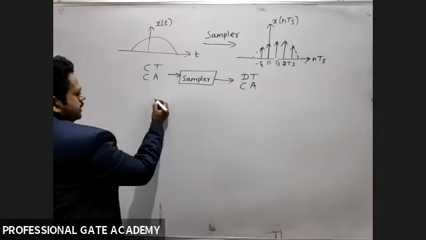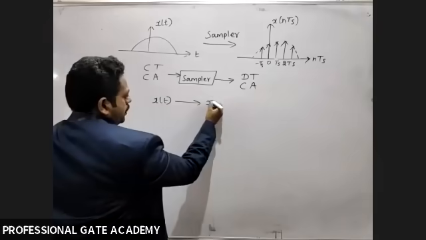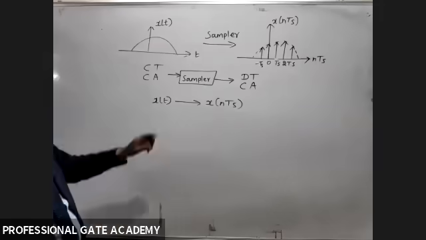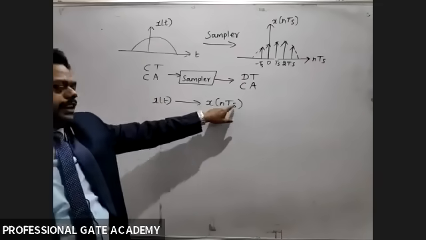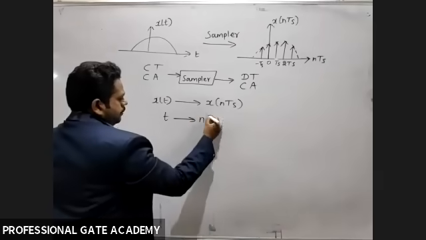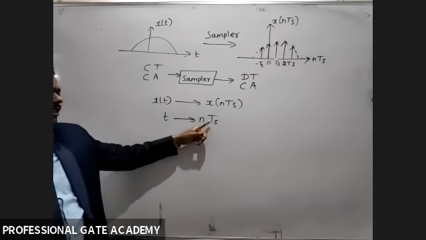We can also say that x of t, a continuous time signal, is represented as x of nTs. In the x-axis we have t, so x of t is converted into x of nTs. One more important formula: t is replaced by n into Ts.